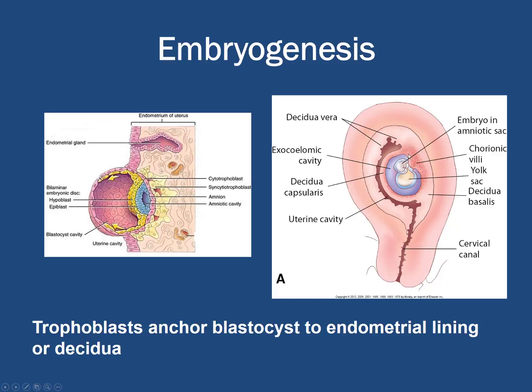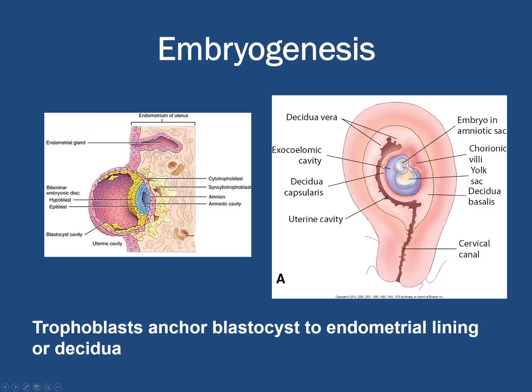In this image, you can see the chorionic villi, which has two components. The chorionic villi gradually atrophy and disappear around the gestational sac.